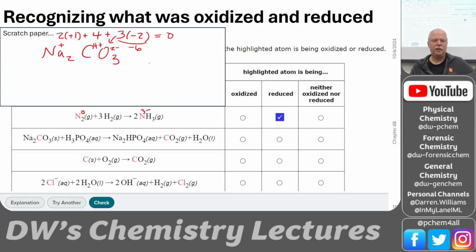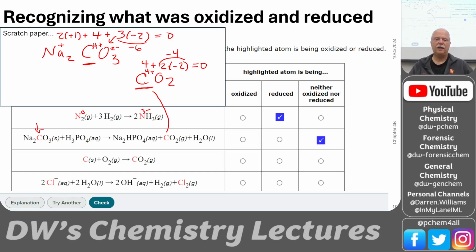All right, so then let's look over here at the CO2. We've got 2 times a -2, which is -4. And so this has got to be a 4+. So the carbon is the highlighted atom, and it was +4 on the left, +4 on the right.